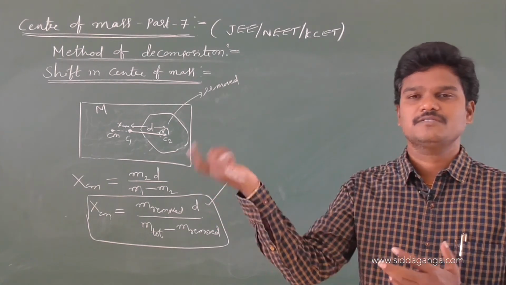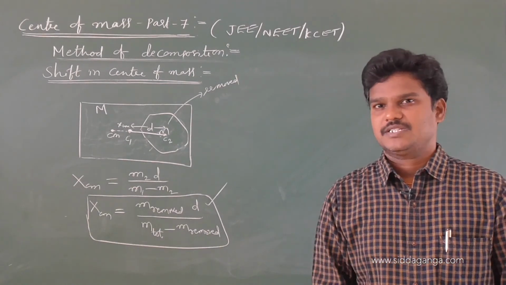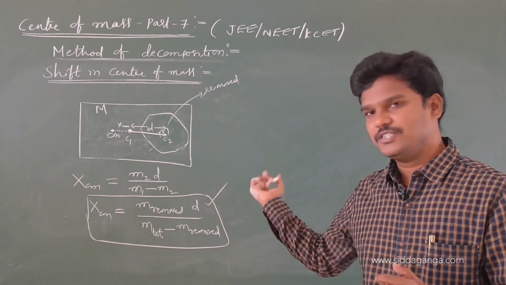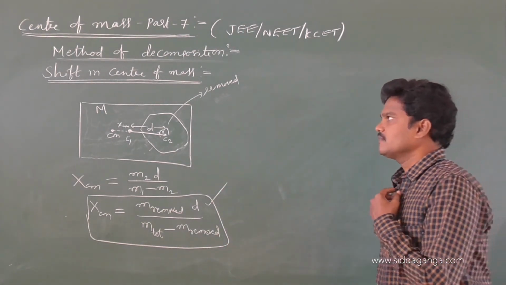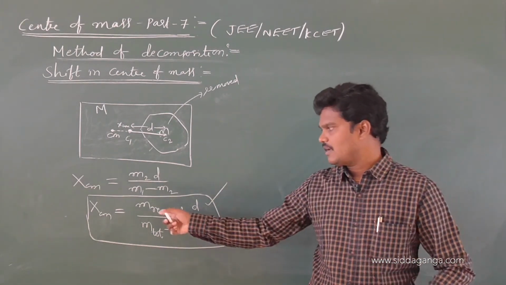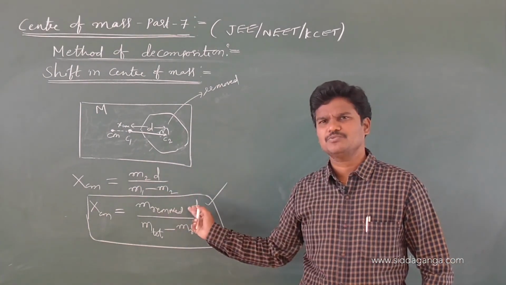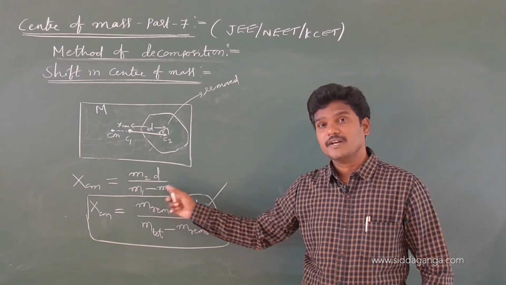Generally we can convert that mass into area, and area we can convert into radius. Based on the given shape, we can convert mass into area and radius. So keep the formula in mind. To find the shift in center of mass, we are going to use mass removed. This is nothing but our regular formula, M2D by M1 plus M2. Here some part is cut, so I am using M1 minus M2.